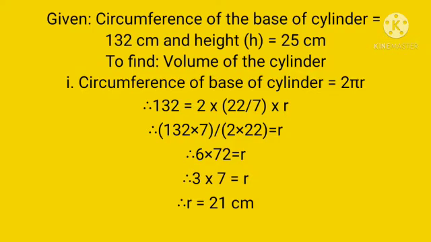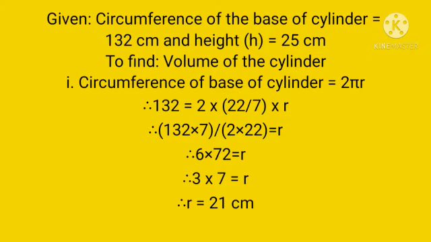To find volume of the cylinder. Solution: circumference of the base of the cylinder is equal to 2 pi r, since the base is circular in shape. So we will use the formula of circumference of circle, which is 2 pi r. Circumference we know, so let us substitute the values.